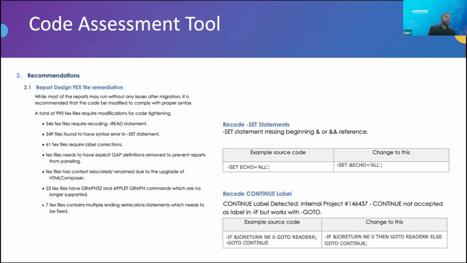For example, the screenshot that you see here was generated for a particular customer, and the second line says there are 349 files found to have a syntax error in the SET statement, which means that the older WebFOCUS version was not expecting an ampersand, and the newer version will expect an ampersand. And we specifically tell them what the problem is and how this will have to be addressed.